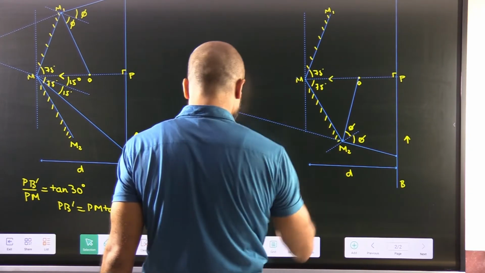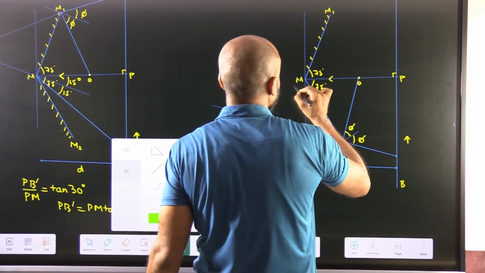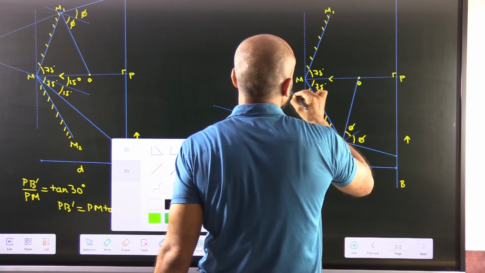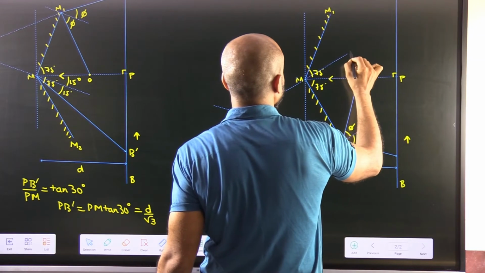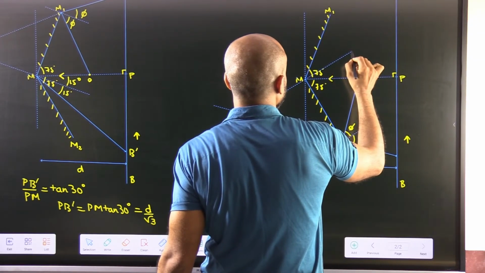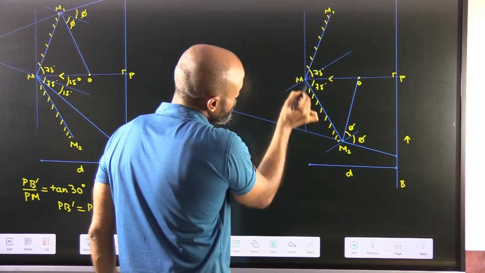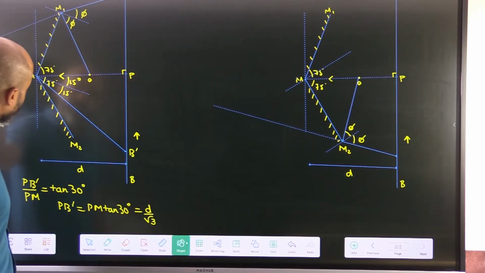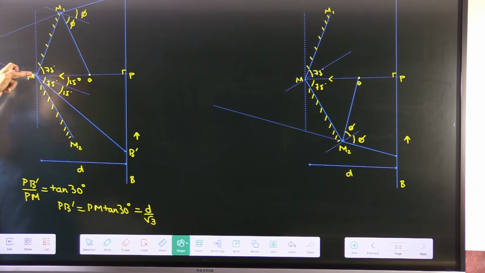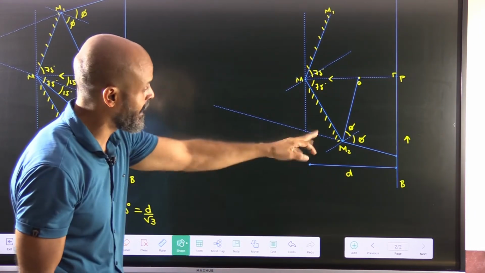Now I will make a perpendicular here, the same way as we have done this, on this surface M2. So this same point M, we have drawn a perpendicular here, taking M1 and M as the surface. Now we are making a perpendicular here, taking M and M2 as the surface.